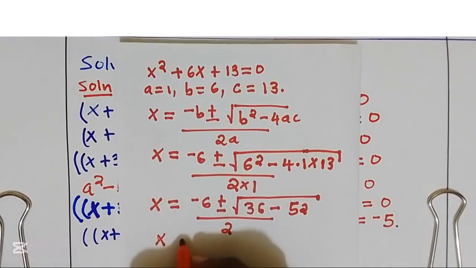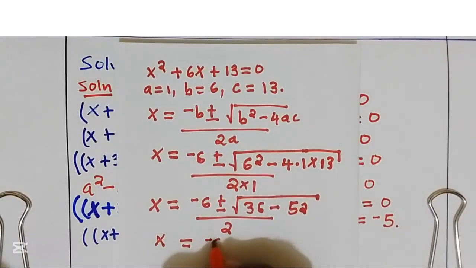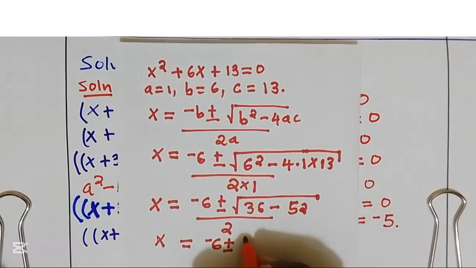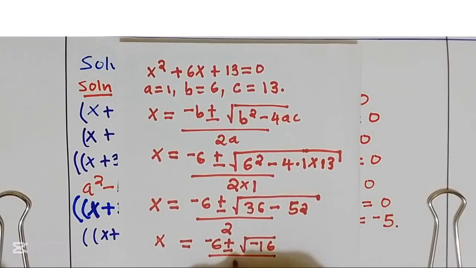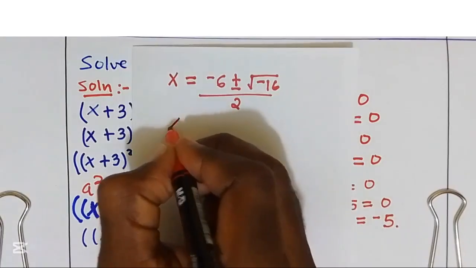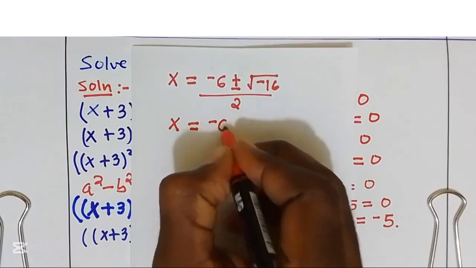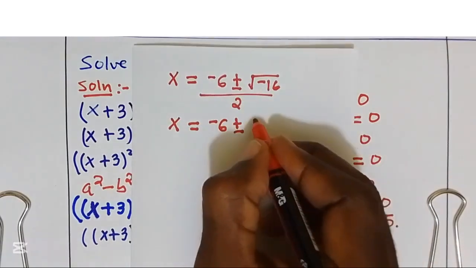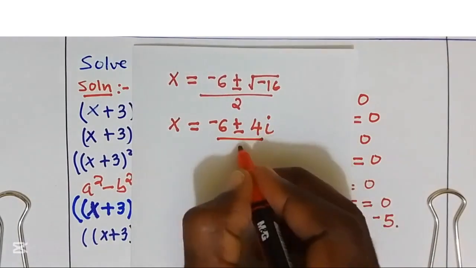x is equal to -6 plus or minus the square root of 36 - 52. We get the square root of -16 over 2. Now x is equal to -6 plus or minus the square root of -16. We get 4i over 2.